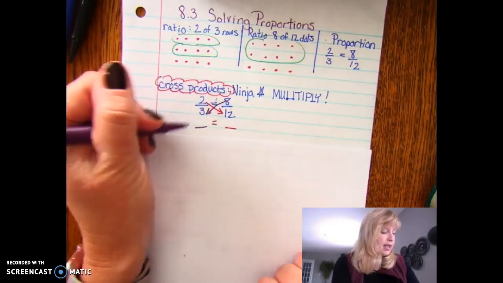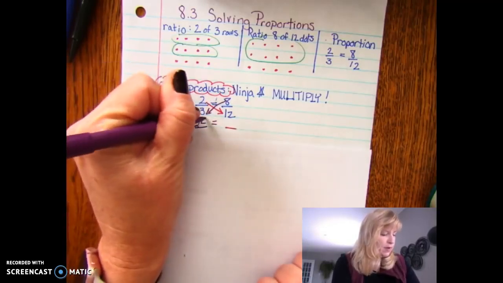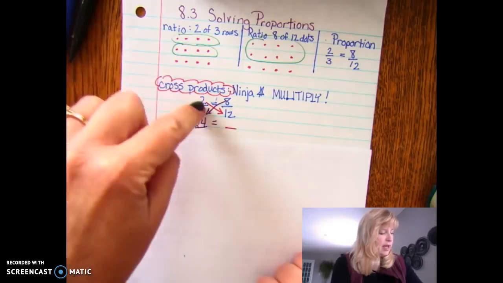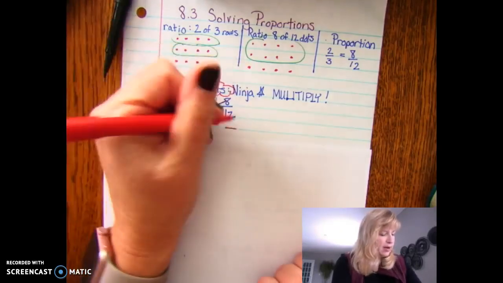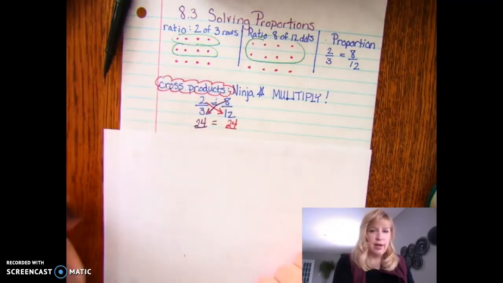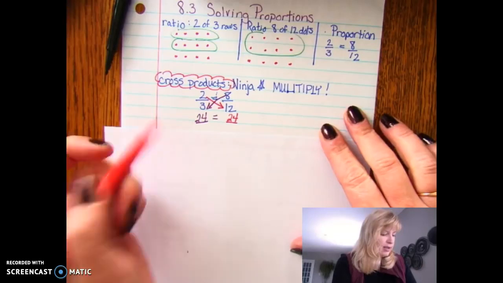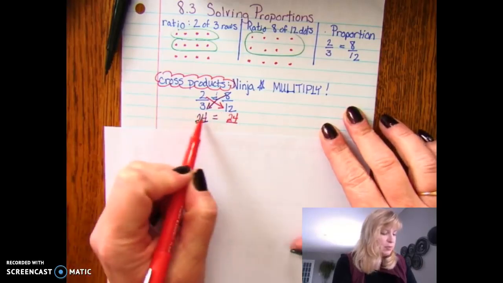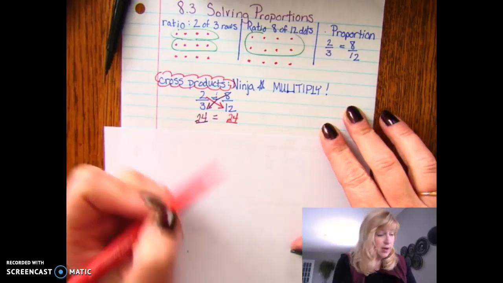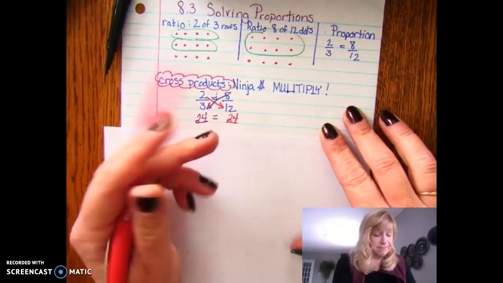So 8 times 3 is 24. That's the first product. 2 times 12 right here is 24. So no matter what, we can see that the two cross products are equal. Therefore, these are proportional.